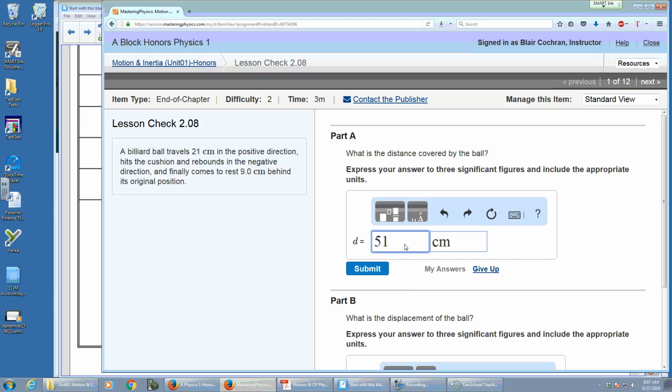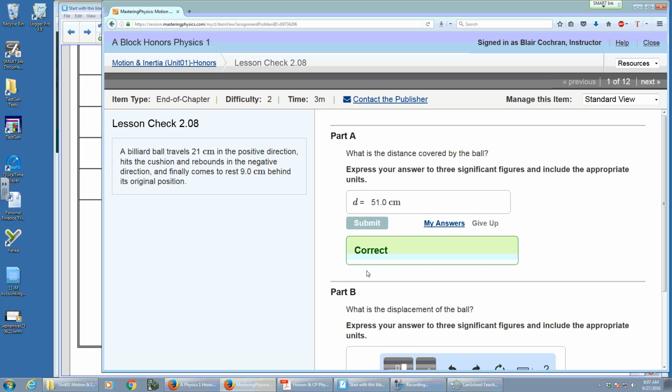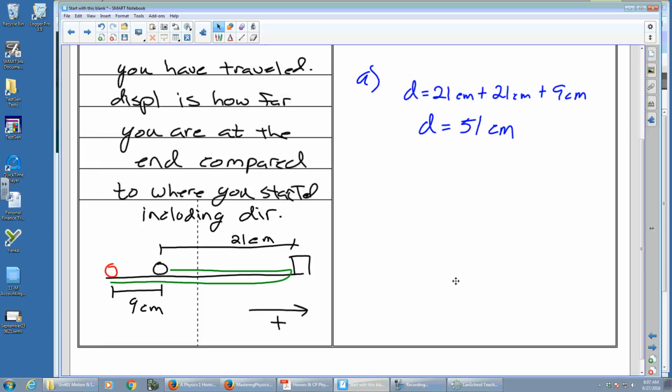You put in your value. You say submit. And if you get it correct, you get the points. And if you don't, you don't. So that's how you get credit for the homework, by answering it correctly. Nope. Huh? What other website?